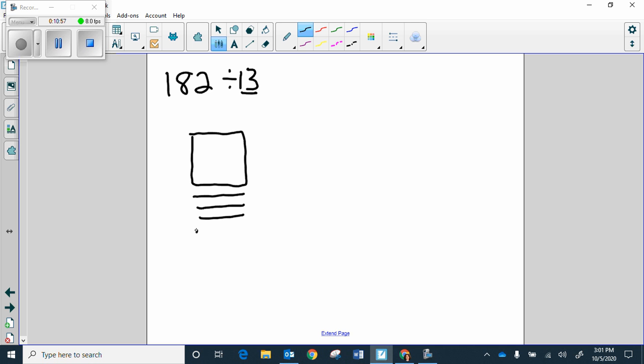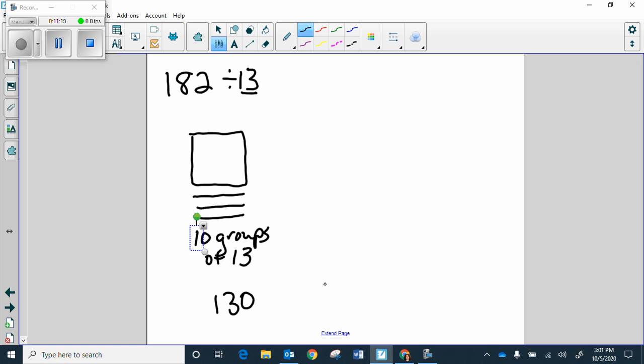Now I have 10 groups of 13. And 10 groups of 13 is really the same as 130. Then I count up 140, 150, 160, 170, 180.